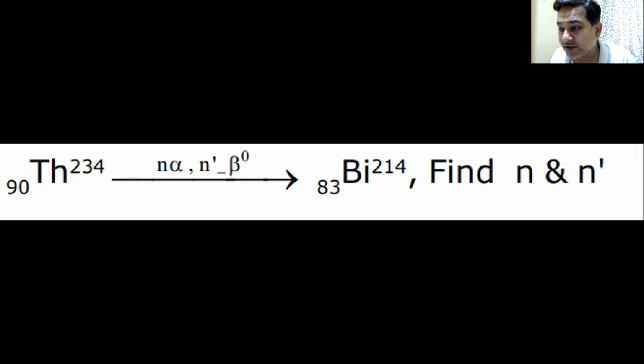Are we solving the question or sitting? Solving, sir. I see you sitting, sir, which is not a good sign. If you sit now, you will have to sit out of the exam as well. Trust me on this. So how do you find the value of N and N dash?